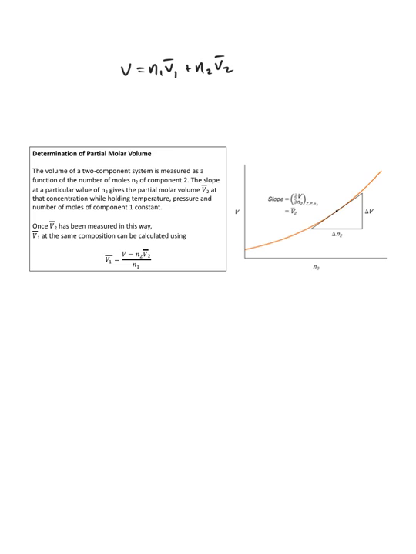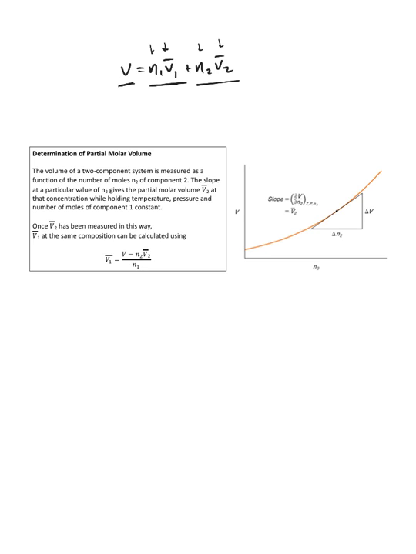So again, what we're saying with this equation is that the total volume of a mixture is the sum of two components, the contribution from component 1 plus the contribution from component 2. Each of those contributions is dependent on how much of each you have and its partial molar volume, or in other words, the amount toward the total that that component will contribute at that particular state.